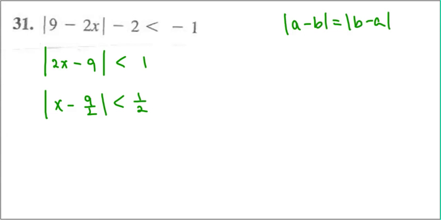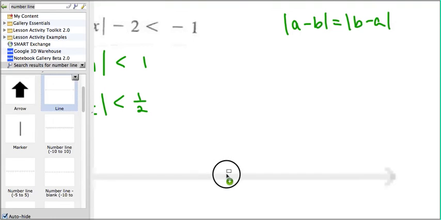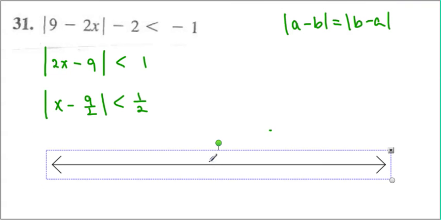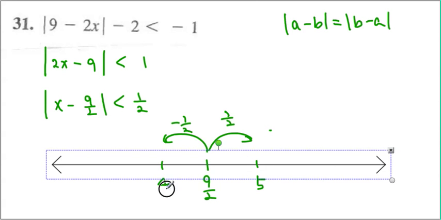then we get the absolute value of x minus 9 over 2 less than 1/2. So using the number line once again, if this one is 9 over 2, I'm going to add 1/2 and subtract 1/2. If I add 1/2, then it becomes 5. If I subtract 1/2, then it becomes 4.